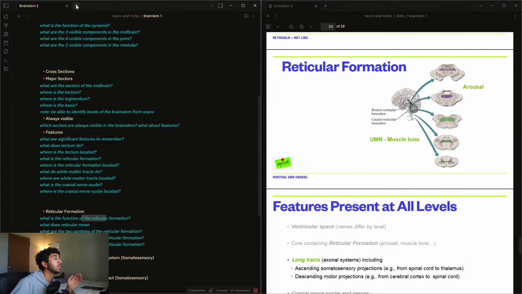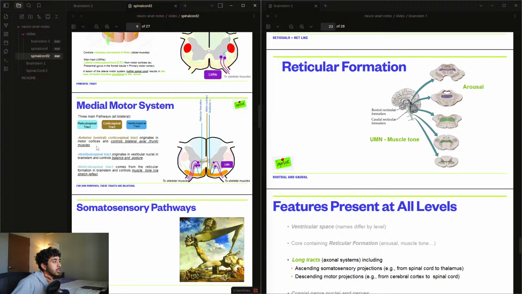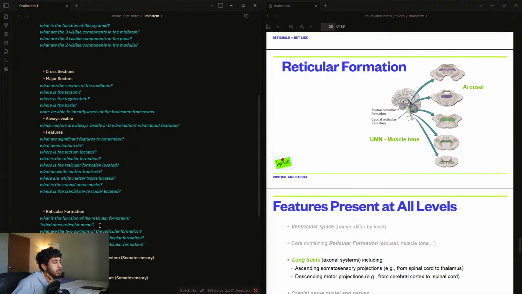No, it was vestibulo for balance. Vestibulo might have been for balance. Yeah, reticulospinal has always been tone. My bad. What does reticular mean? I think this is a bad question. There's two formations.